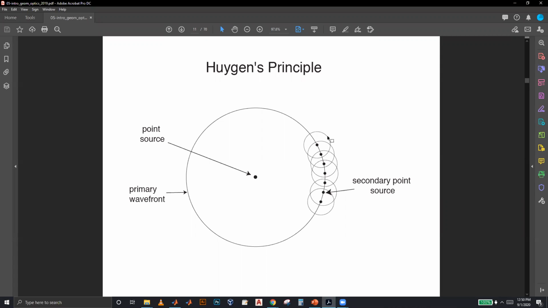If you then draw an arc connecting all these smaller circles, what you basically get is a bigger circle, right? And on each point of this dotted curve, if you again think of it as a secondary point source, you can repeat this and you'll get another circle and so on. So basically in 3D, you have a sphere which is increasing in radius, carrying energy away from the point source. And in 2D, it's a circle.